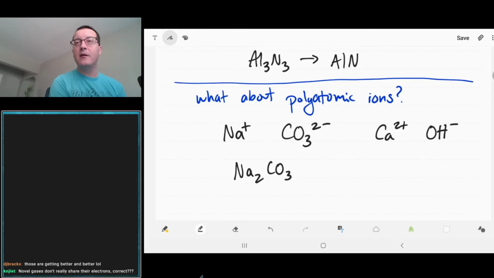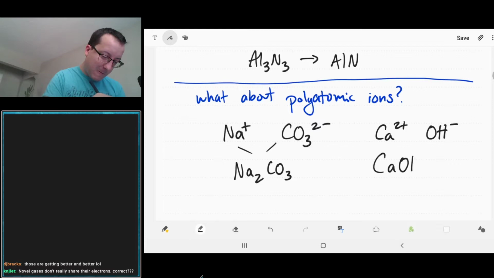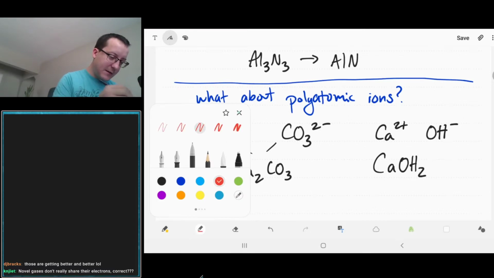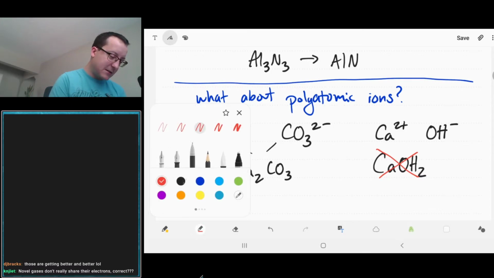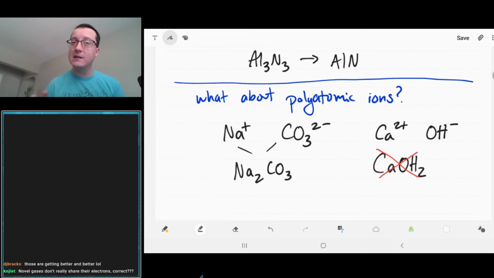Let's look at another pair. We see here that if we were to just crisscross, we might be tempted to do something like this. However, this is not a good way to describe this, because we understand that to balance this particular calcium out, we need 2 hydroxides, right?